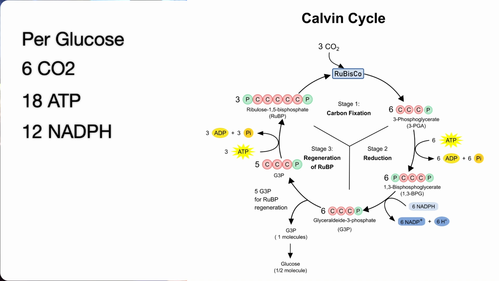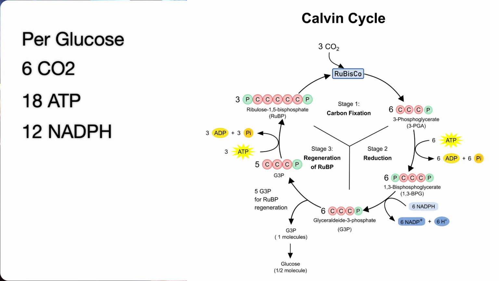What's happening is it's actually turning 2 times to make a single 6-carbon sugar. At the top, you see that there are 3 CO2. To make a 6-carbon sugar, you need this thing to turn twice, and you need 6 CO2. Then you see 6 ATP being utilized on the right-hand side as well as 3 on the left-hand side.